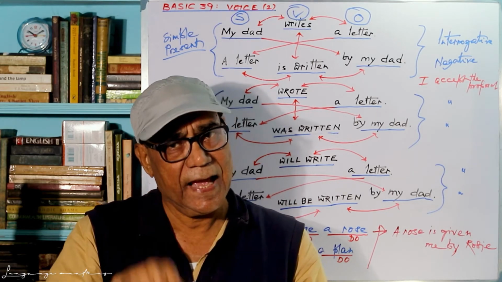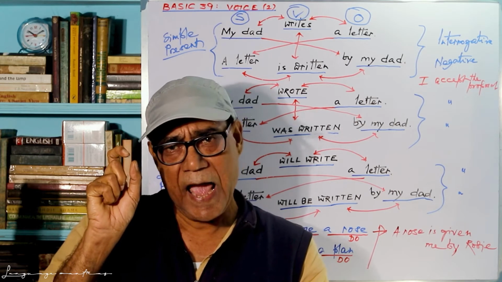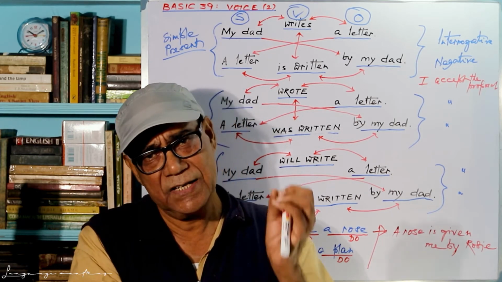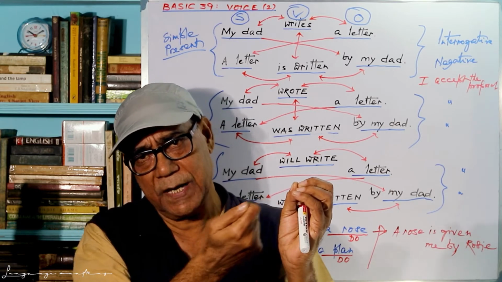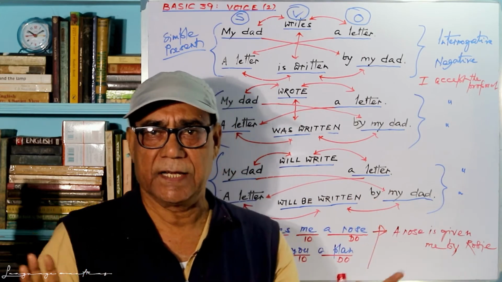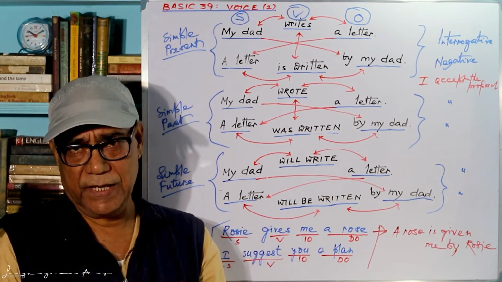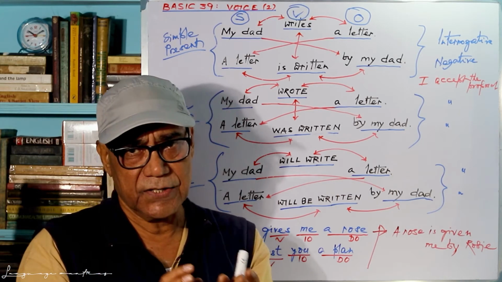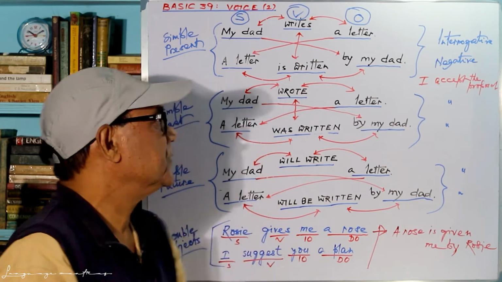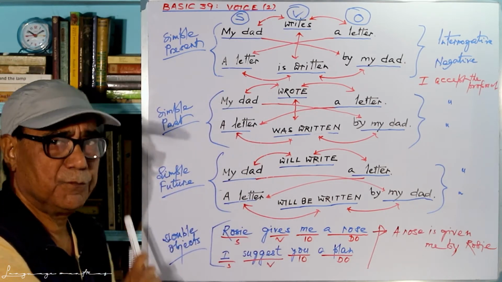That means in that case, the object of the active voice becomes the subject of the passive voice, and the subject of the active voice becomes the object of the passive voice. This much we have done. Now we have to see things in terms of tenses. Today let's discuss simple tenses: simple present, simple past, and simple future.